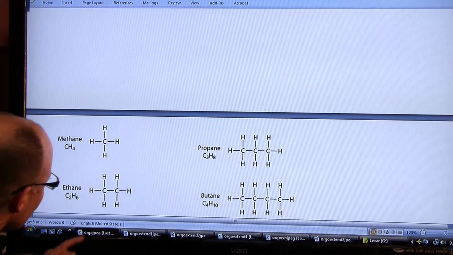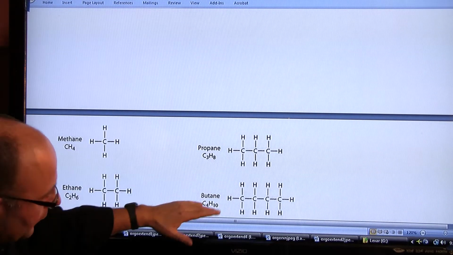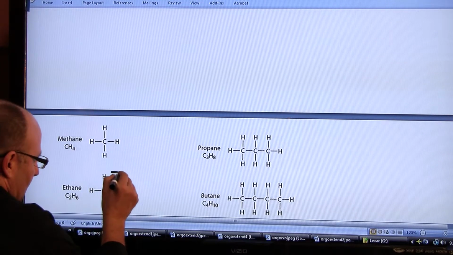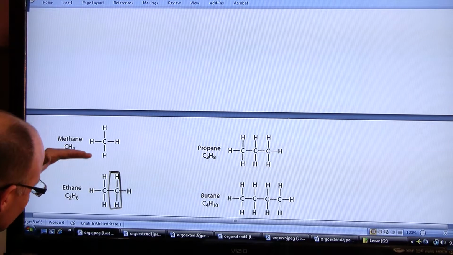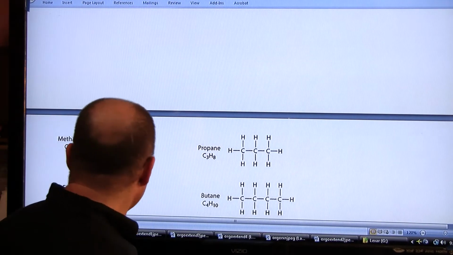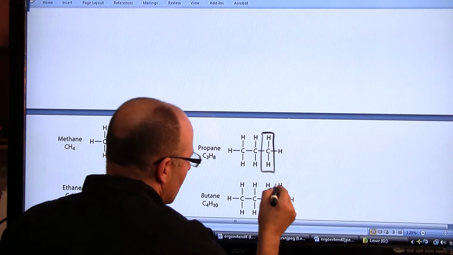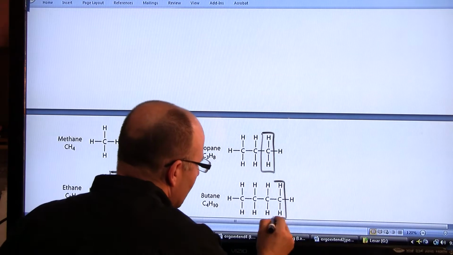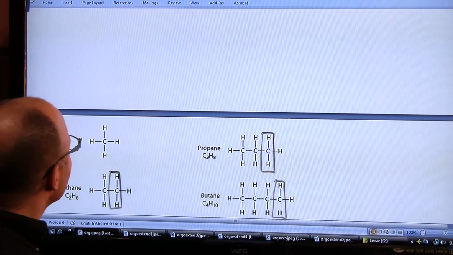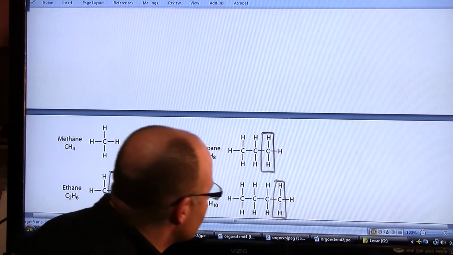And what you should note here is that as we go from methane to ethane to propane to butane, and as they continue to get longer and longer, there is a consistent difference of a CH2. So to go from methane to ethane, all you have to do is add a CH2. To go from ethane to propane, again, add a CH2. And from propane to butane, add a CH2. So there is this consistent difference between consecutive members in these families, and that's why they're called a homologous series.